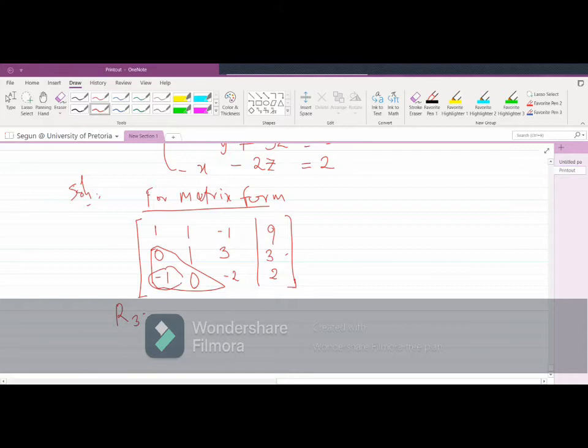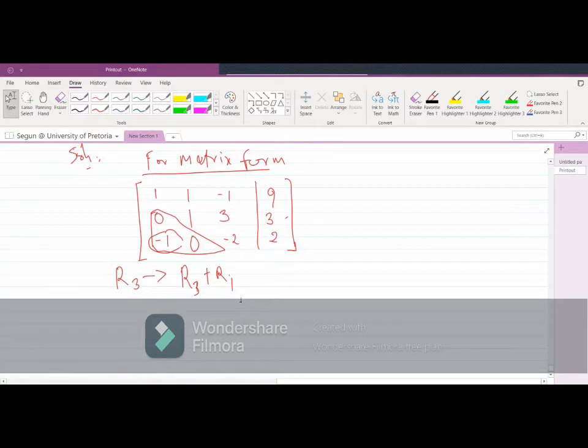So who can tell us the operation? Row 3 plus row 1. Row 3 plus row 1 is very simple. Let's look at it together.